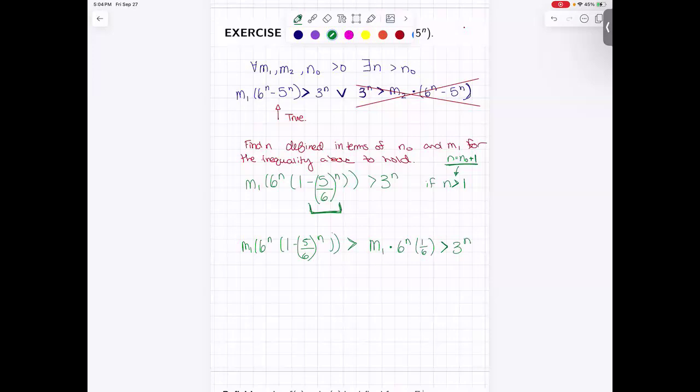Now, don't get too caught up in what we're looking at, because what we want to do now is the same thing that we always do, which is to isolate n so that we can figure out what n needs to be in terms of m.